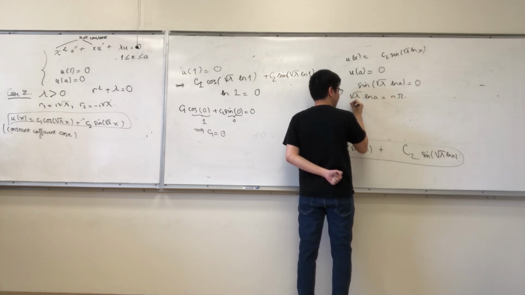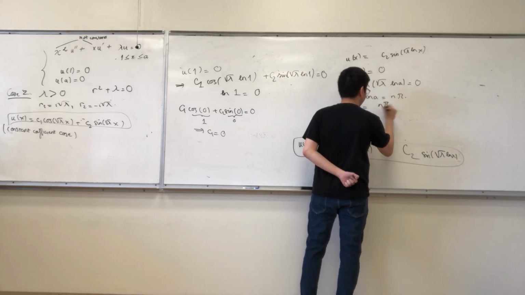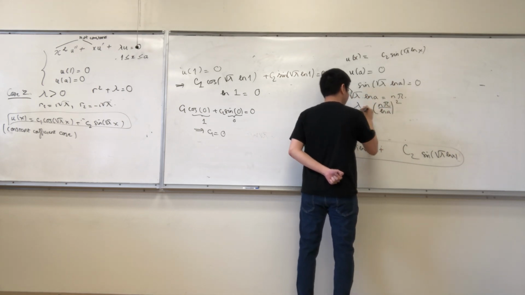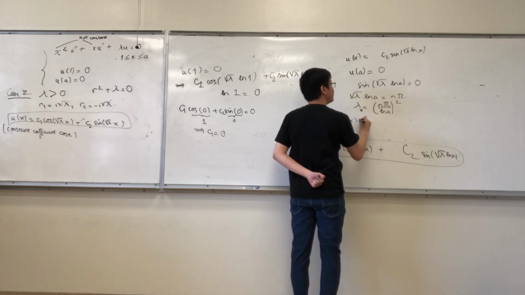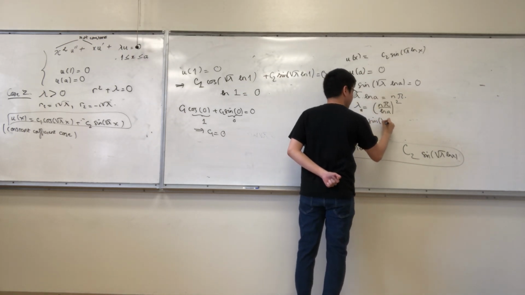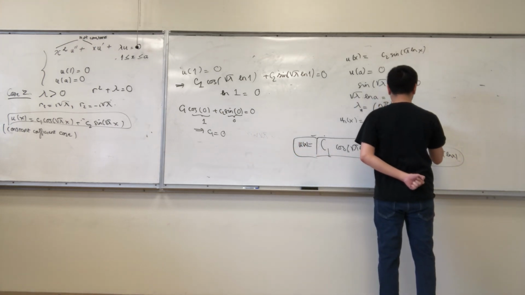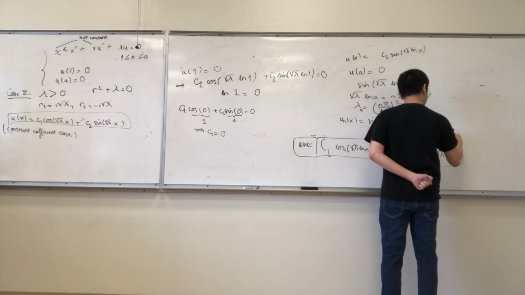So lambda will be (n pi over log a) squared, and this is lambda n. And u n will be sine of square root of lambda n log x, which is sine of n pi over log a times log x.